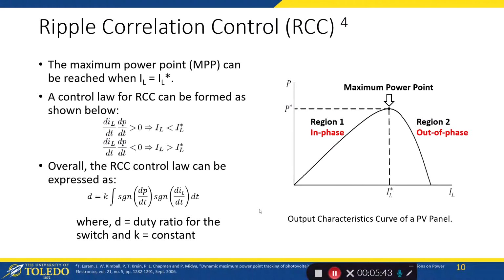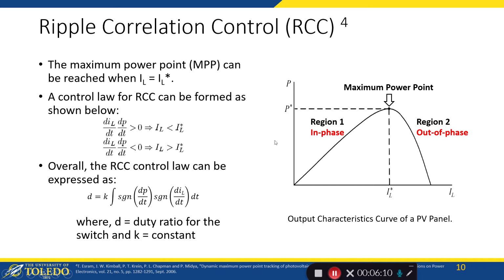This can be further understood on this slide here, and on this diagram we have divided the region as region 1 and region 2, where in region 1, to the left of the maximum power point, as we have seen in the previous slide, the panel power and the inductor current are in phase, and in region 2 they are out of phase.